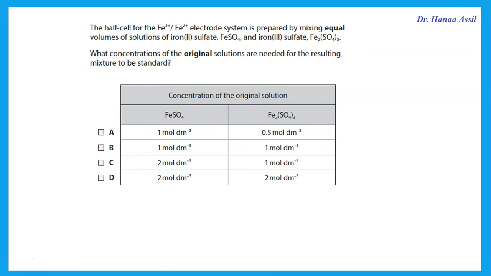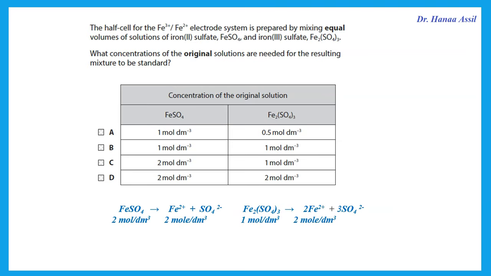Again, pay attention. We want a half cell to have 1 mole per decimeter cubed of iron 2 ions and 1 mole per decimeter cubed of iron 3 plus ions. For the iron 2 plus, I should start with 2 moles. Then this will give 2 moles of iron 2 plus, so that when I mix equal volumes, that means I'm diluting it by half, then the concentration of iron 2 plus would be 1 mole.